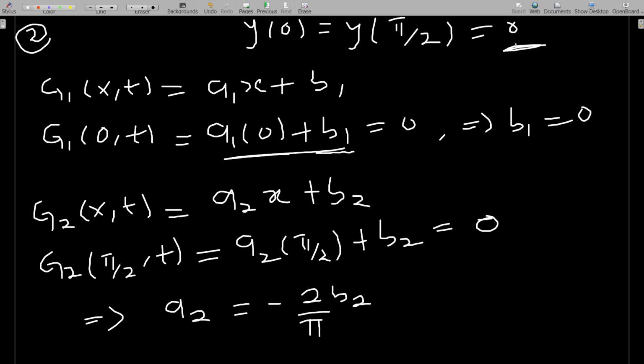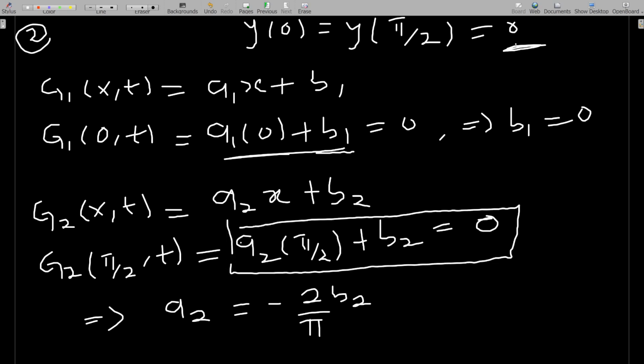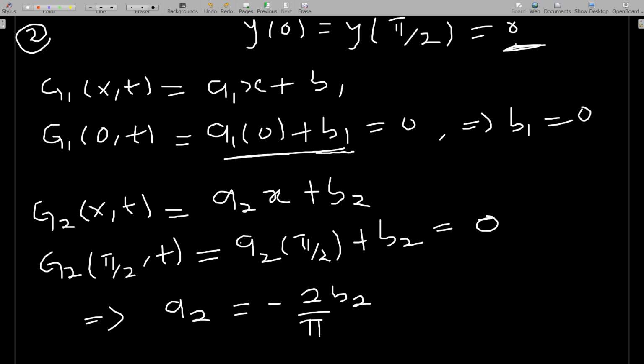I just took this equation and made a2 the subject. We've done a lot of things on Green's functions already, that is why I'm just jumping those steps. So let's call this one equation 1, that is b1, and call this equation 2.